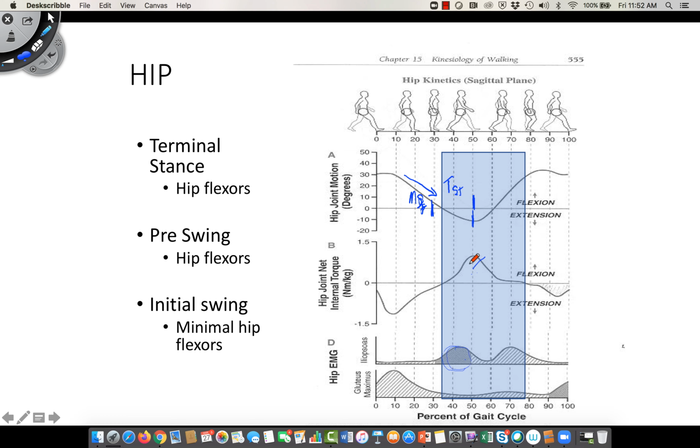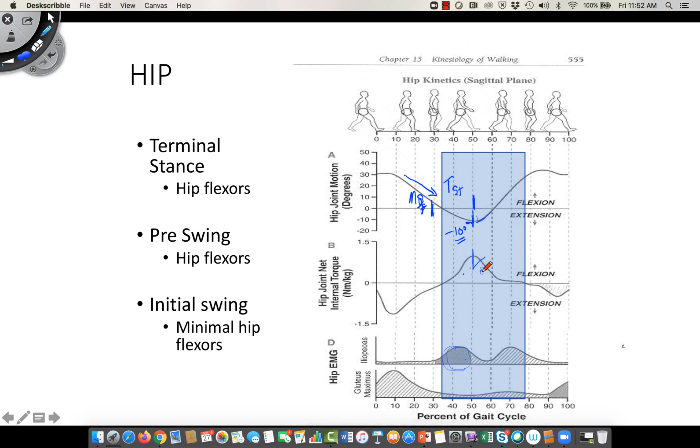That eccentric contraction of the iliopsoas controls the forward progression of the hip into full extension at minus 10 degrees. Here's our peak moment, and that's immediately followed by rapid hip flexion.